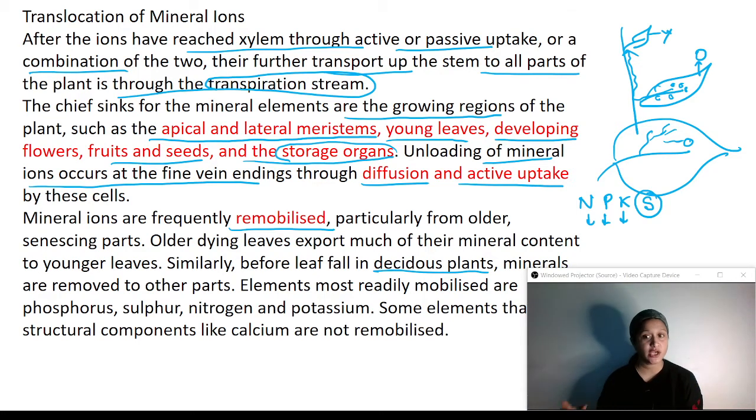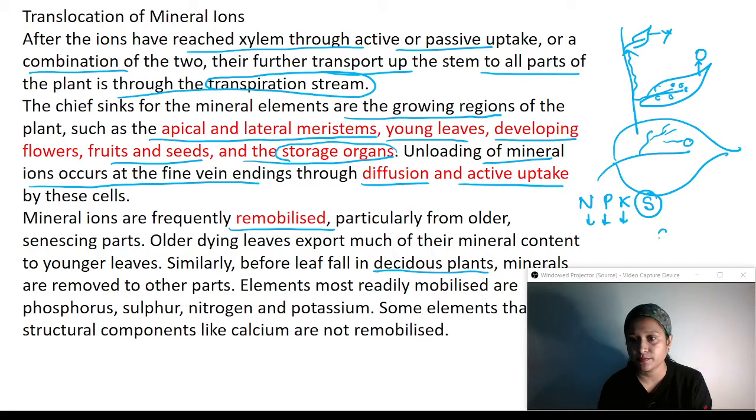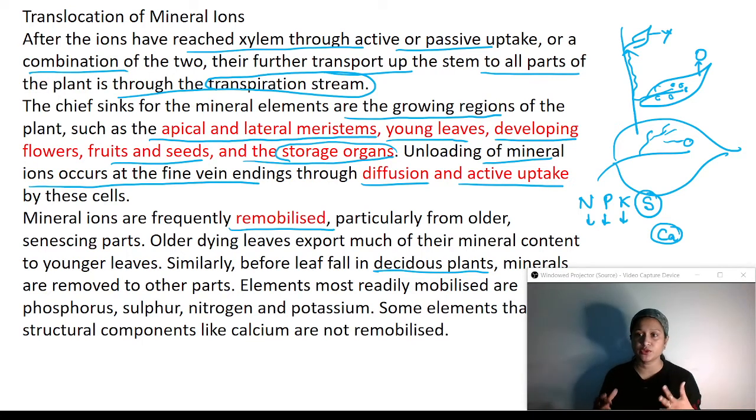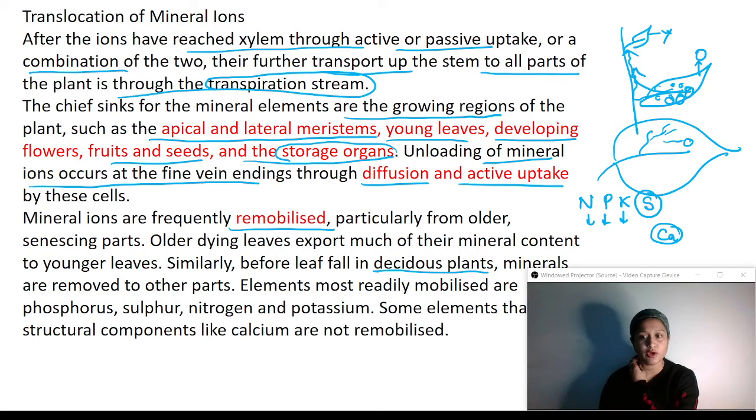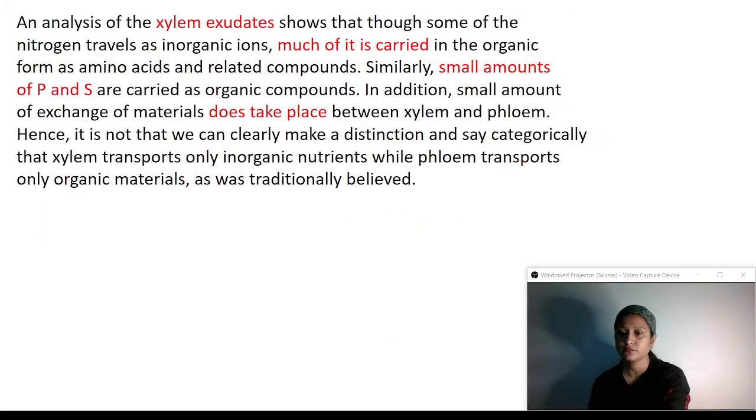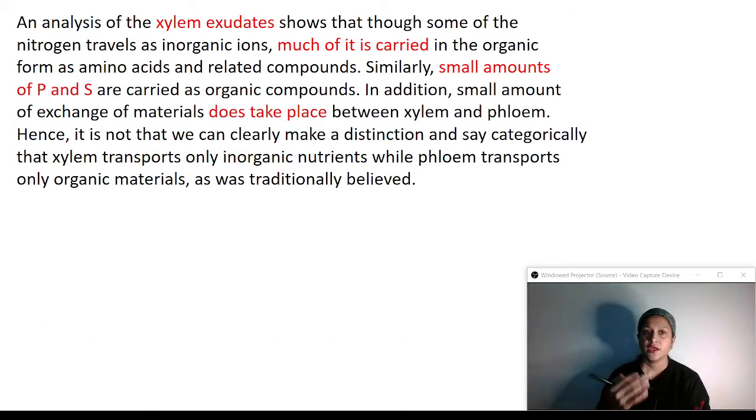The mineral which cannot be remobilized is calcium. कैल्शियम इज एक्चुअली यूज्ड इन द स्ट्रक्चरल कंपोनेंट, मिडल लैमेला में बनाने में यूज होता है. तो भाई वो सेल वॉल में यूज हो रहा है, सेल वॉल बनाने में, तो इट कैन नॉट बी रिमोबिलाइज्ड. ठीक है, वो रिमोबिलाइज नहीं होगा.